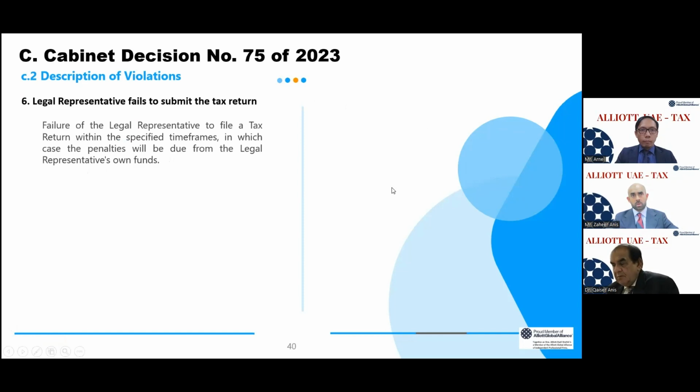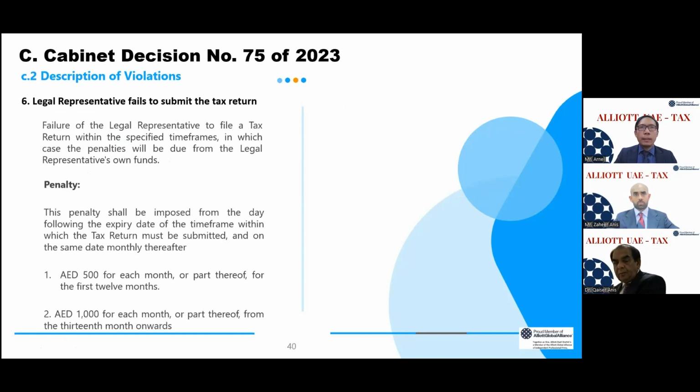Next is when a legal representative fails to submit the tax return. Arnold, what would happen in that scenario? In some cases, some taxpayers cannot do the compliance themselves, so usually they hire a legal representative to do all their tax matters.